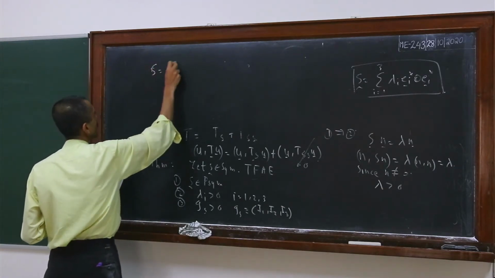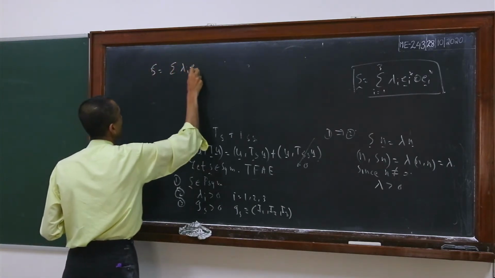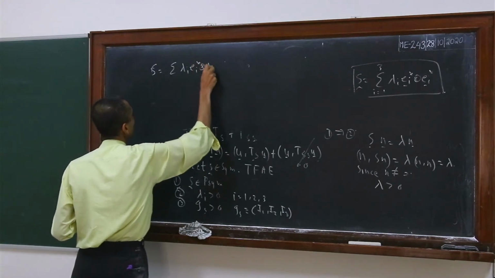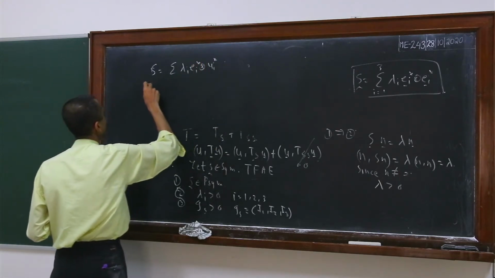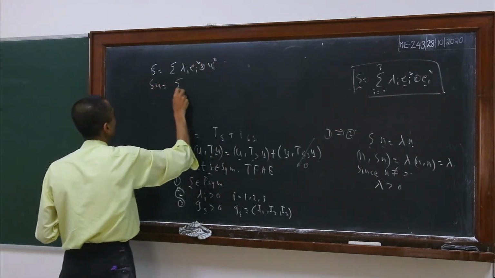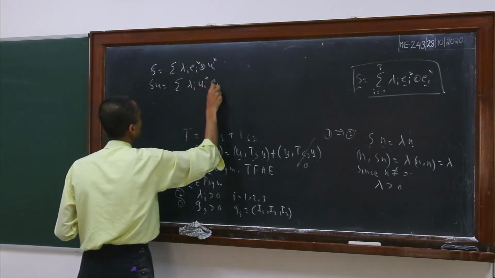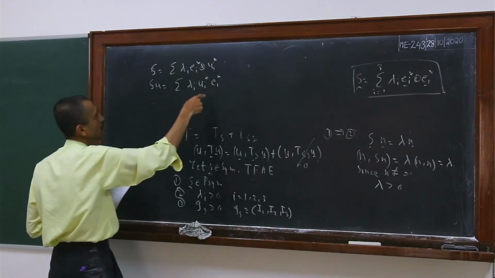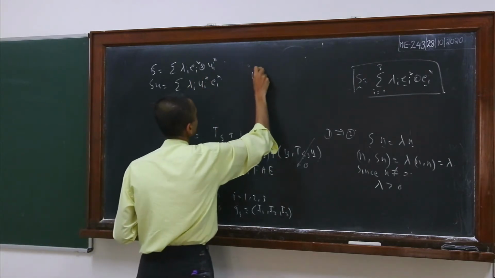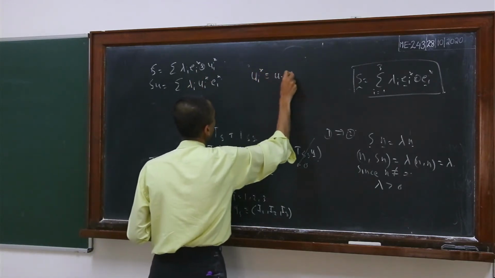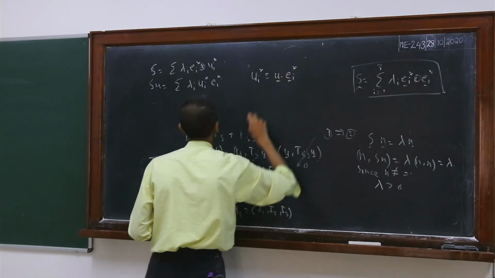S is equal to the summation of lambda_i, e_i star dyadic e_i star, and S times u is the summation of lambda_i, u_i star e_i star, where u_i star is nothing but u dot e_i star.